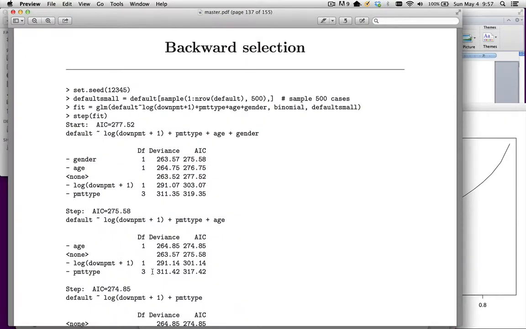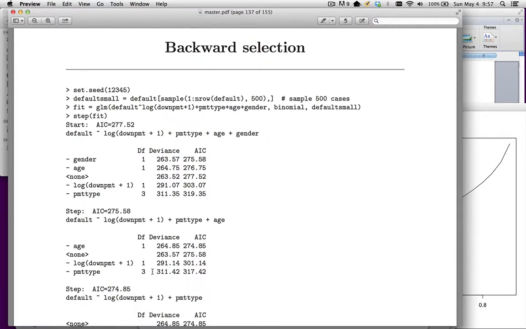So the ideas that we've been talking about, AIC and the likelihood ratio test, are also used in doing stepwise and backward selection, so model selection. Recall that there are these automated procedures for building a model. Let's see how that works.